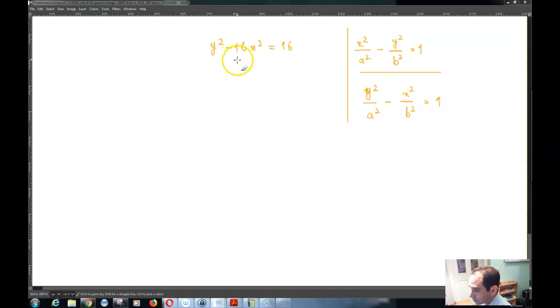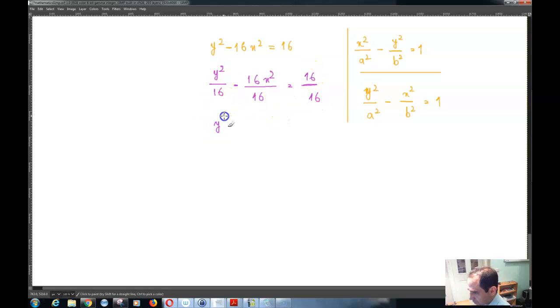So if I divide this equation by 16 to get a 1 over here, I will get y squared over 16 minus 16x squared over 16 is equal to 16 over 16.